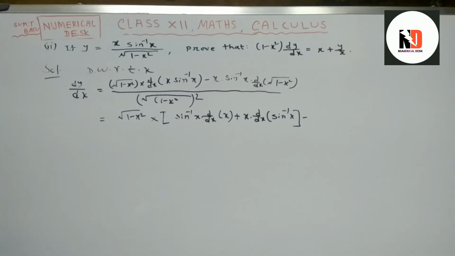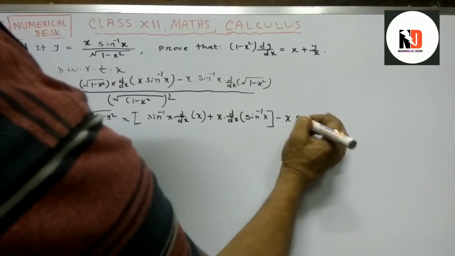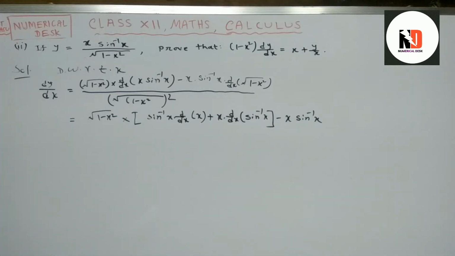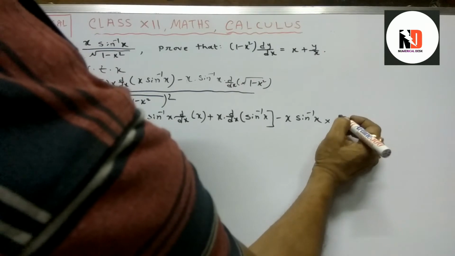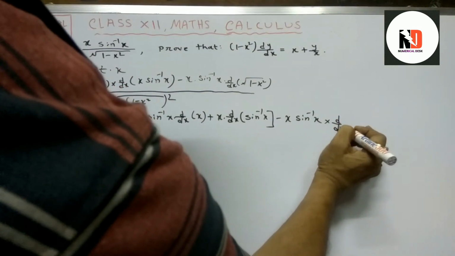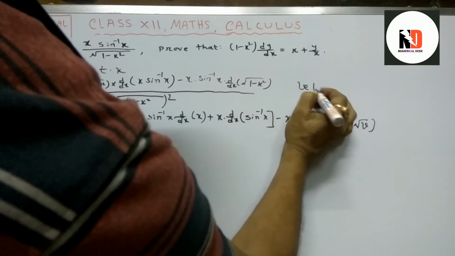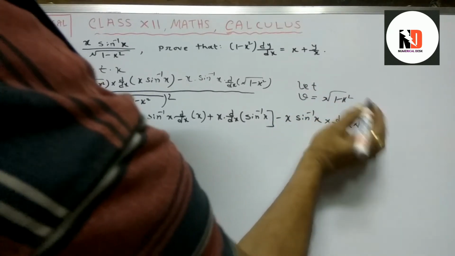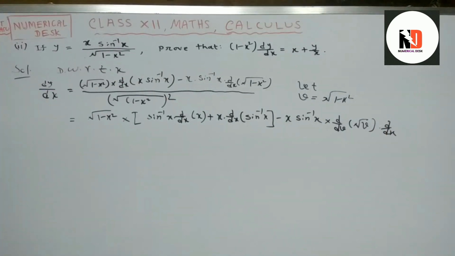Now the second part. Again substitution is required, because the second term is not in the standard form, so we substitute here. Let v be like in the previous sum. Whenever a sum is not in standard form, always substitute.